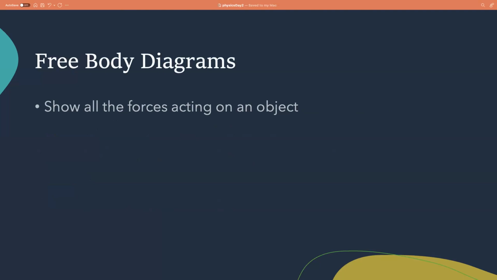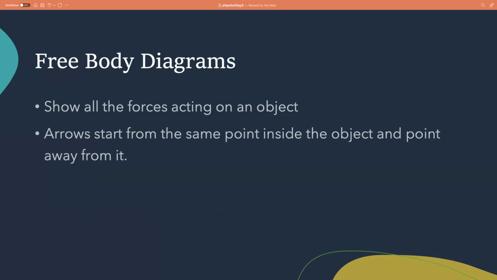So free body diagrams. These are basically diagrams where you show all the forces on an object. You'll have little arrows on your object pointing in the direction of the force. You'll have to draw a few of these on the AP exam most likely.